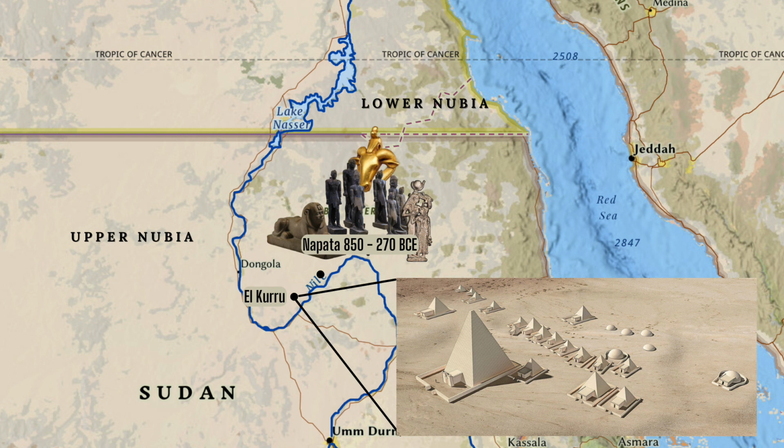It contained tombs of the rulers and their ancestors during the 25th dynasty. The earliest burials at El Kurru are tumuli, so again we see that strong connection to early Nubian culture. And then we see the first pyramid during the reign of Piankhi.